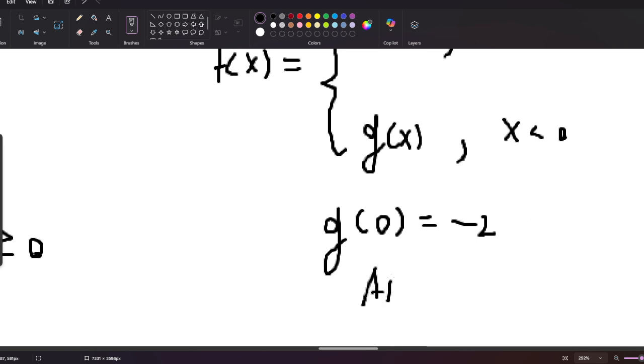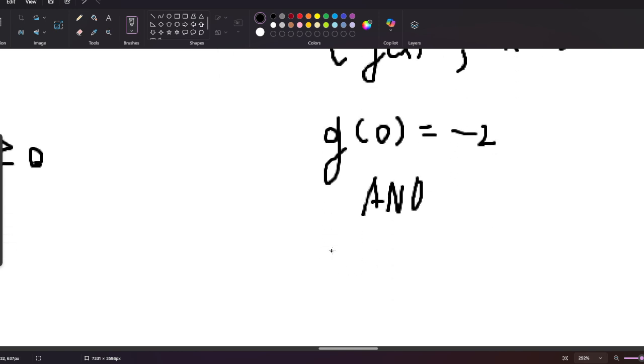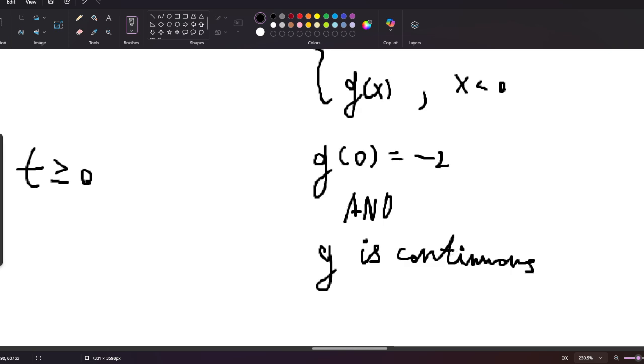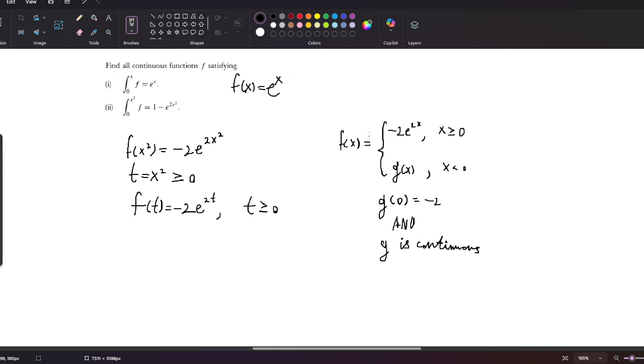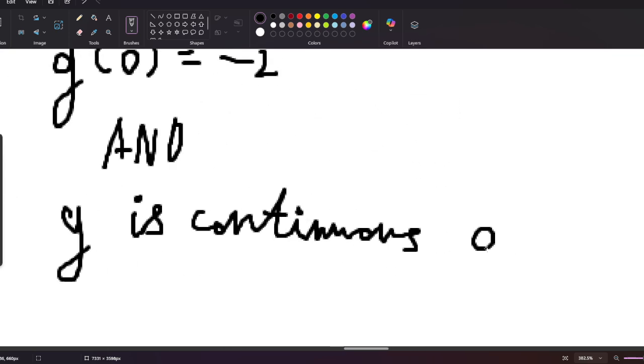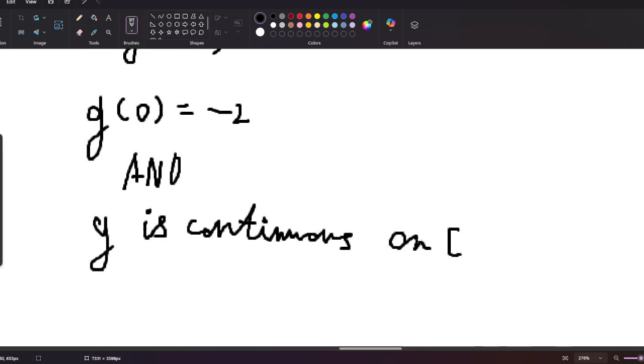And g is continuous. Cool. Now, this entire thing is supposed to be the general solution for this problem.